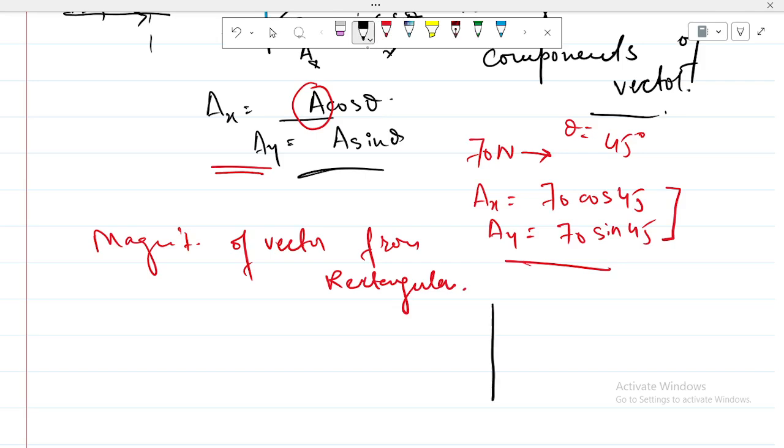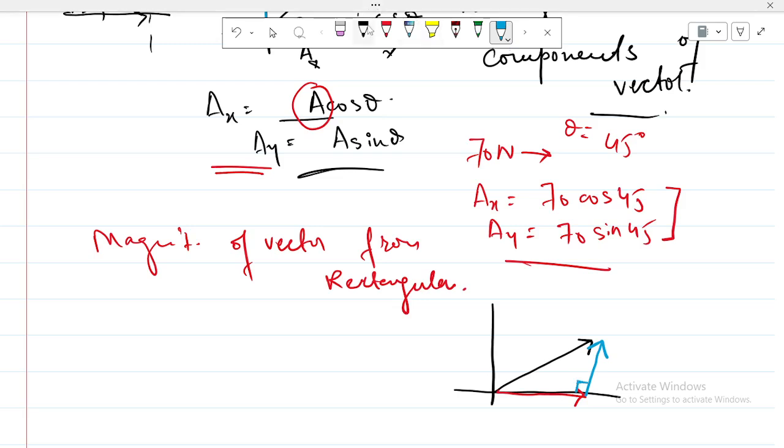What we really do is, we've already talked about, let's say we had a vector like this, then the component in the x direction has something like this, whereas the other was vertically this way. Now this is a right angle triangle, right?